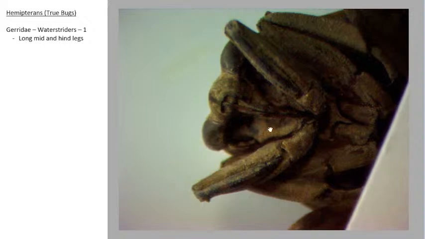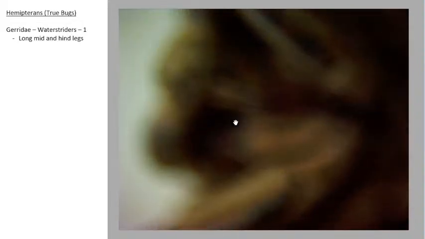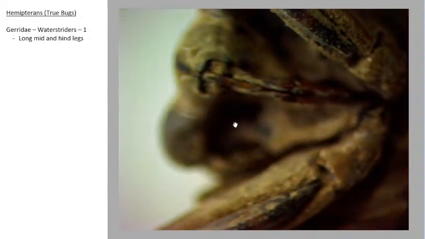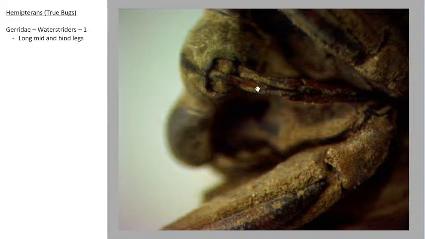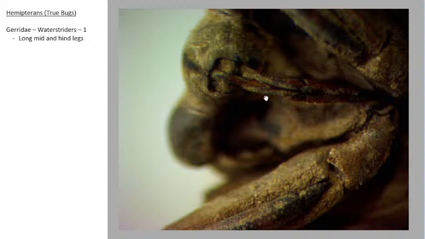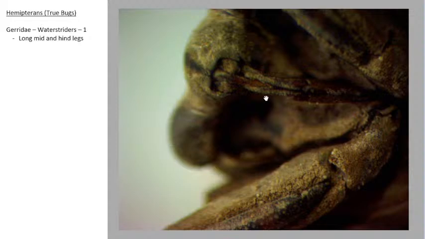And they have this beak that is very stout. It's thick and it is like a thumbtack. It is very sharp and it can pierce whatever it's trying to eat. All right, so this guy right here, he's going to eat things like fish. He can eat tadpoles and frogs.